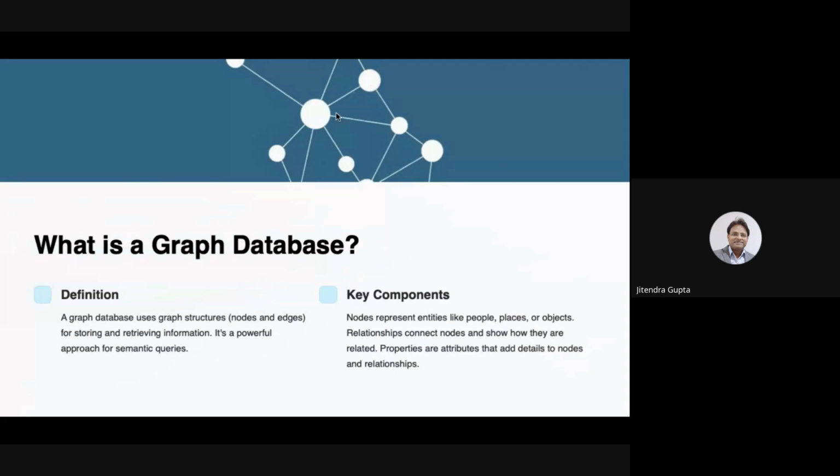Now those multiple nodes are connected with something, right? Here this is my central node, and the connections between it and the other nodes are nothing but your relationships, if I talk about it from the graph database perspective.